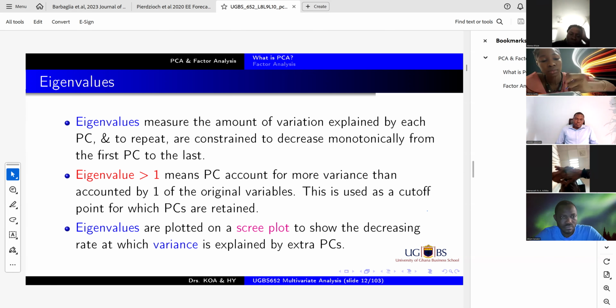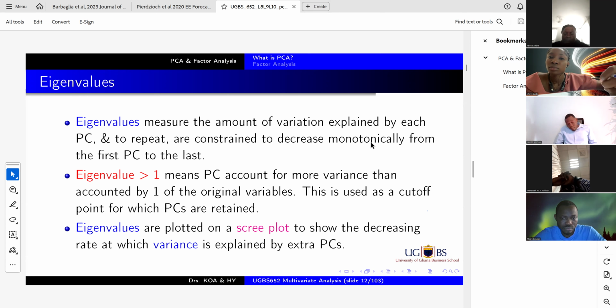Now the scree plot will be drawn in such a way that you have the eigenvalues and the principal components. As the curve goes down, you will see that the number of principal components is increasing. The principal components start from 1 and increase up to the one whose eigenvalue you don't want.